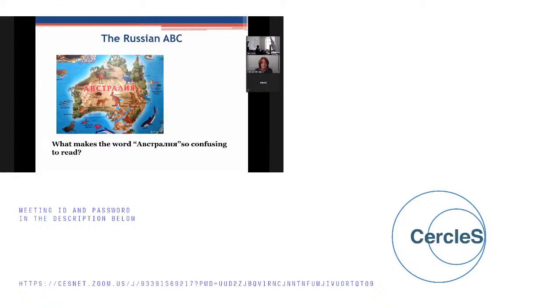Because what is the word Australia for a foreigner? It's an ABC word, right? The person looks at this word and thinks, what a strange word. So it's a good example of how foreigners perceive the Russian language, that it's very unusual and new for them.